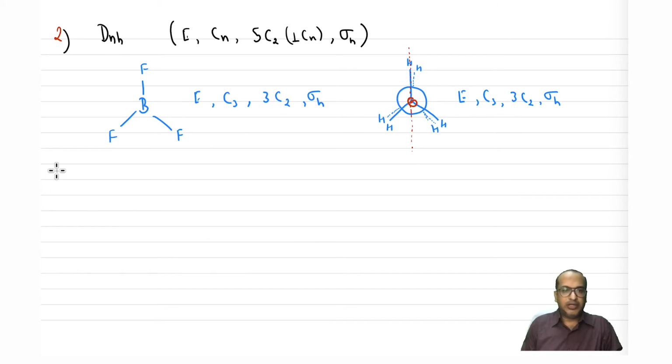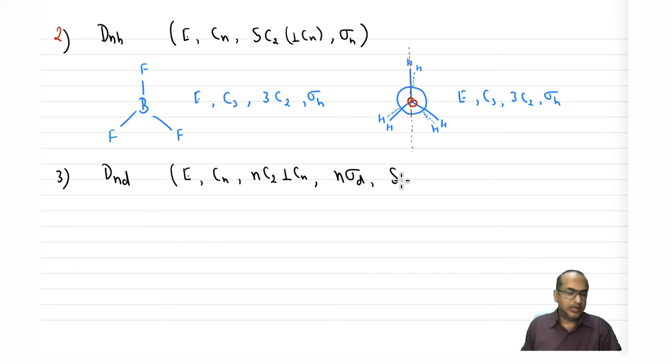Now let us see the next category in dihedral point groups, which is DND. DND has E, Cn, N C2s perpendicular to Cn, and N sigma D, and in addition it also has S2N.